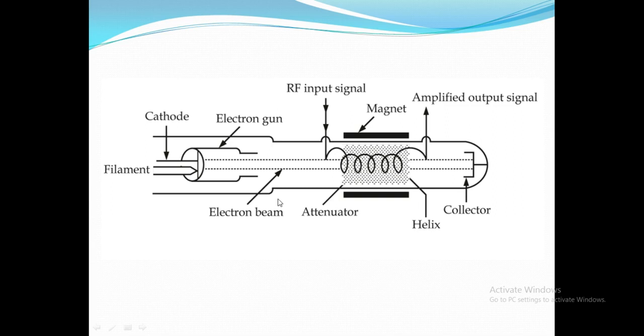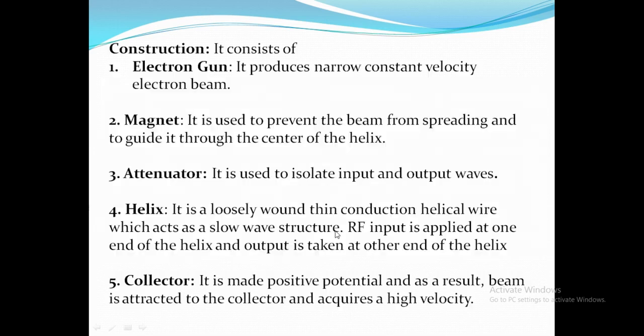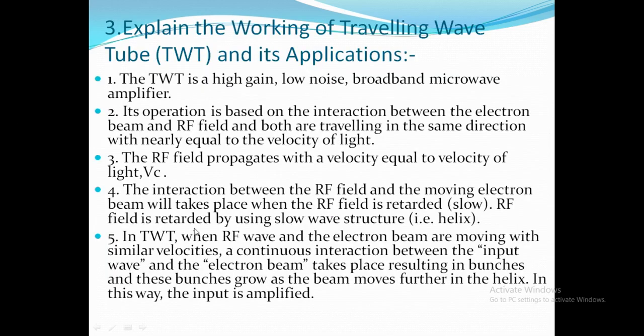Here the RF field propagates with the velocity of light, that is Vc. The interaction between the RF field and the moving electron beam takes place when the RF field is retarded, that is, slowed. The RF field is retarded by using a slow wave structure, that is a helix.